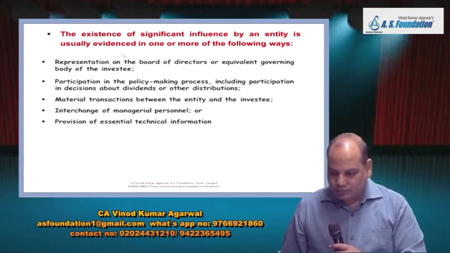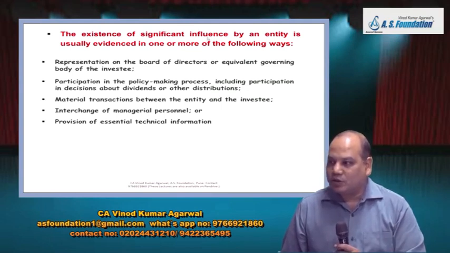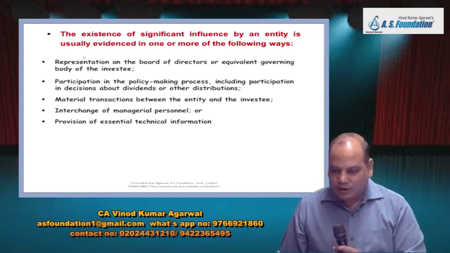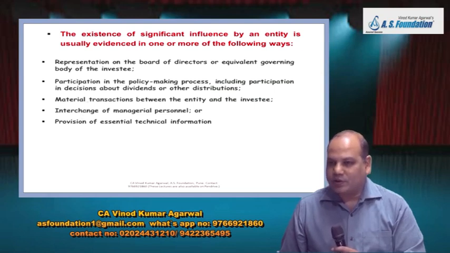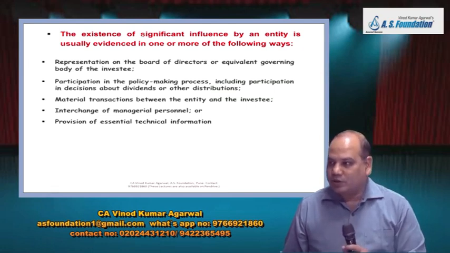Now next is, how do we check whether there is significant influence? Whether one party is exercising significant influence over the other party or not. Again, the standard has given five illustrations or examples. This list is not exhaustive because this is a very subjective matter.